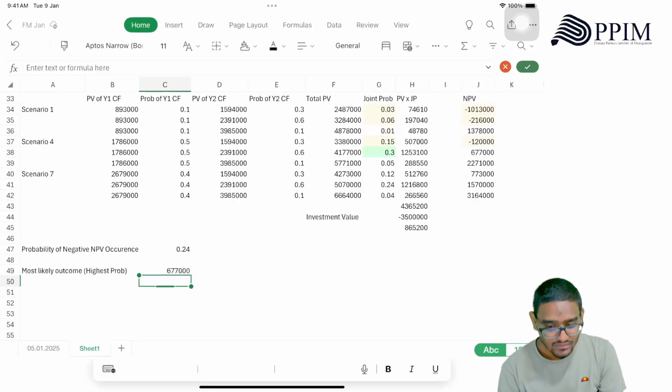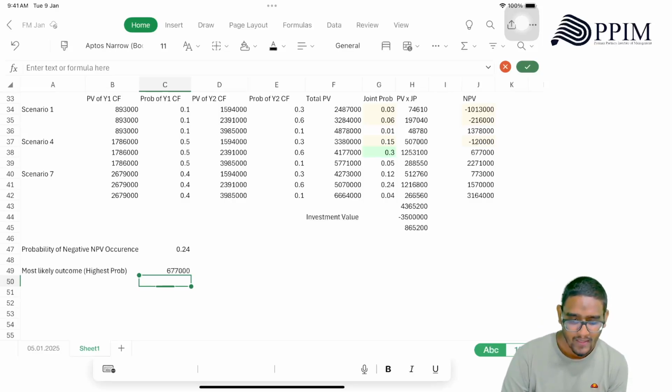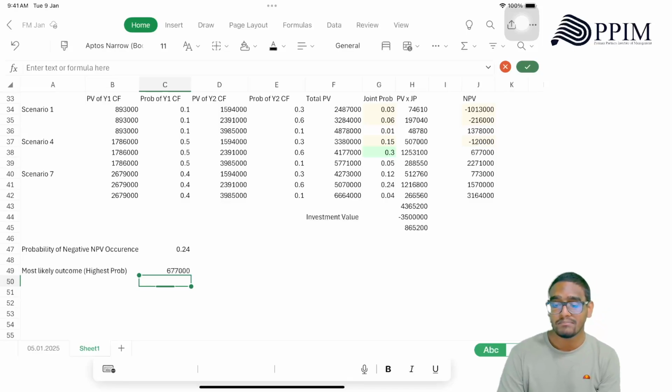Sorry, I'm not seeing you 125,000. Where is it? They're asking the NPV, no? In column J, we have computed NPV.